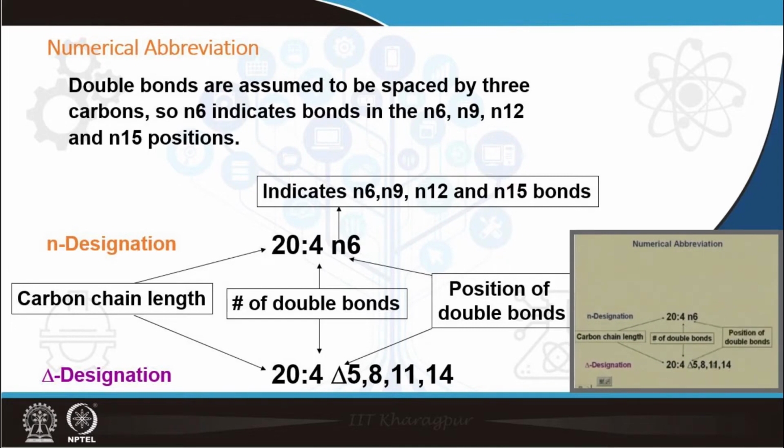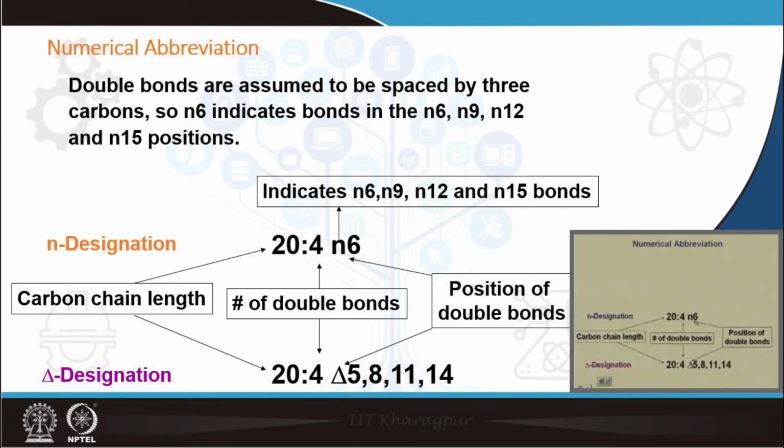Okay? So, the number that we have at the end is the position of the double bonds. The delta 5 means the double bond is between 5 and 6. 8 means it is between 8 and 9, 11 means between 11 and 12, and 14 means between 14 and 15.